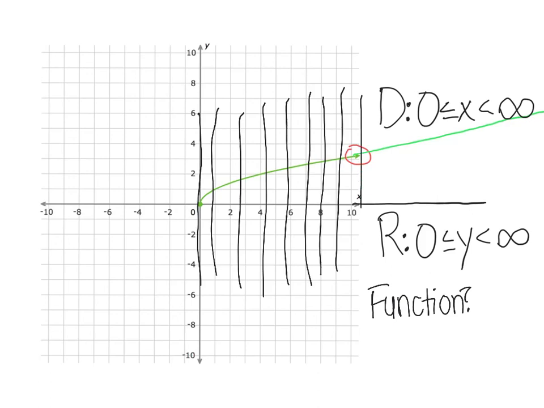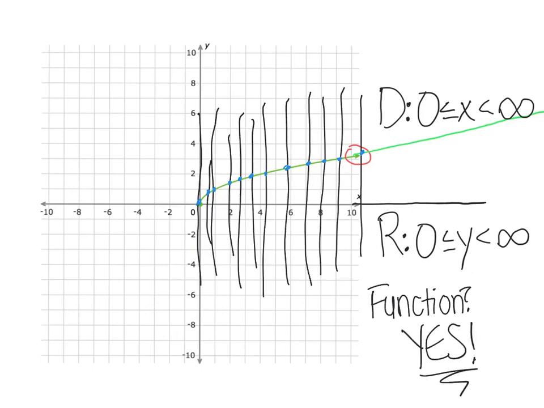If it ever crosses any more, that means it's not a function. So no matter where I draw my vertical lines, it always only passes this green graph at one point, never more than one time. So because it passes the graph at one spot for every single vertical line, then we would say, yes, this is a function.